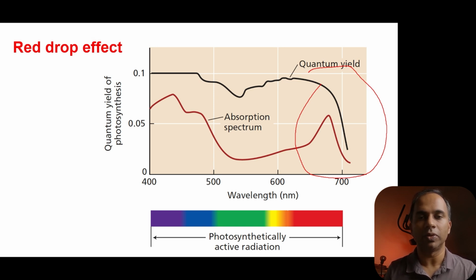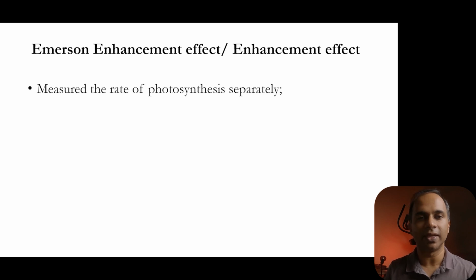And remember I told you about Emerson last week. This was discovered with the help of the Emerson experiment, and in memory of him we name it the Emerson enhancement effect, or in simple terms, the enhancement effect. What he did is a very, very intelligent thing.